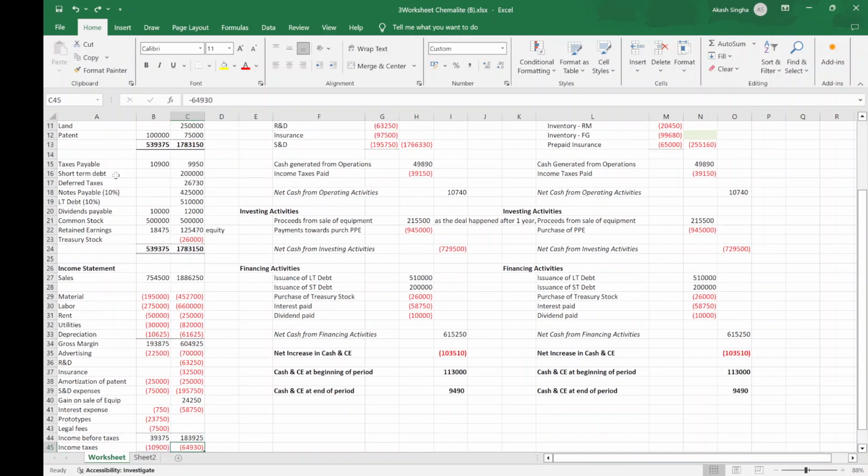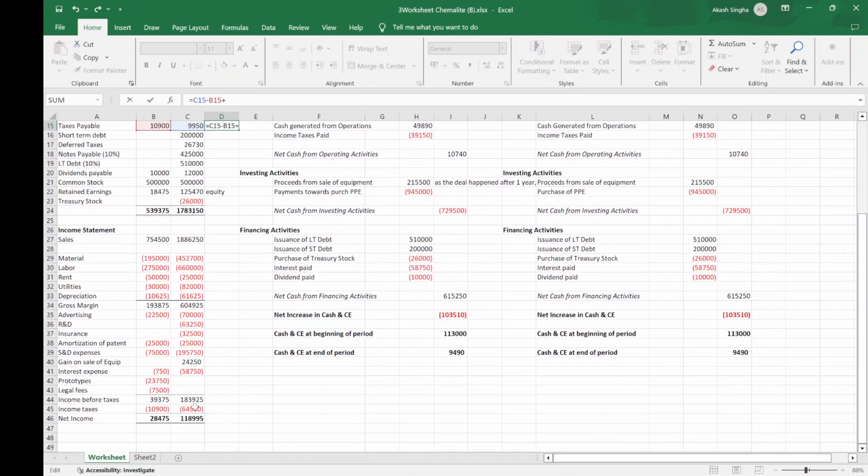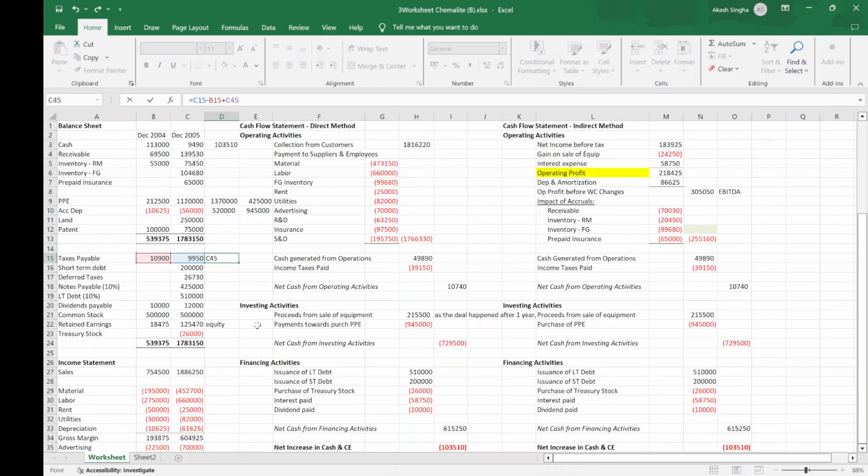and taxes payable got decreased. So we paid some of it. So the difference, if we paid some of it, so 950 more was added with it. So plus 64930 minus deferred taxes.